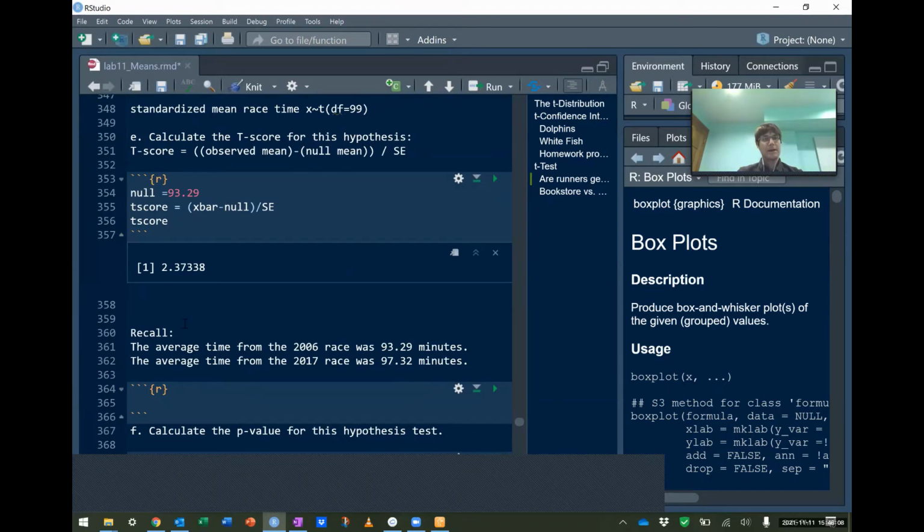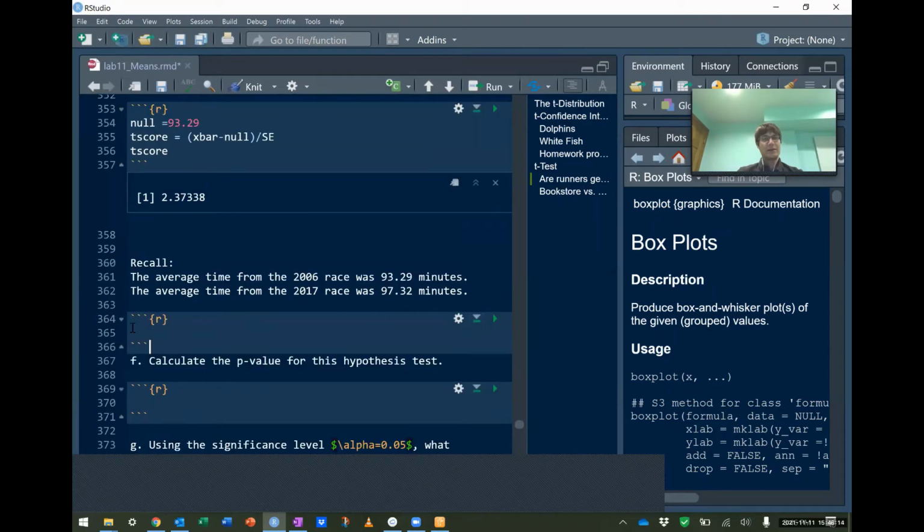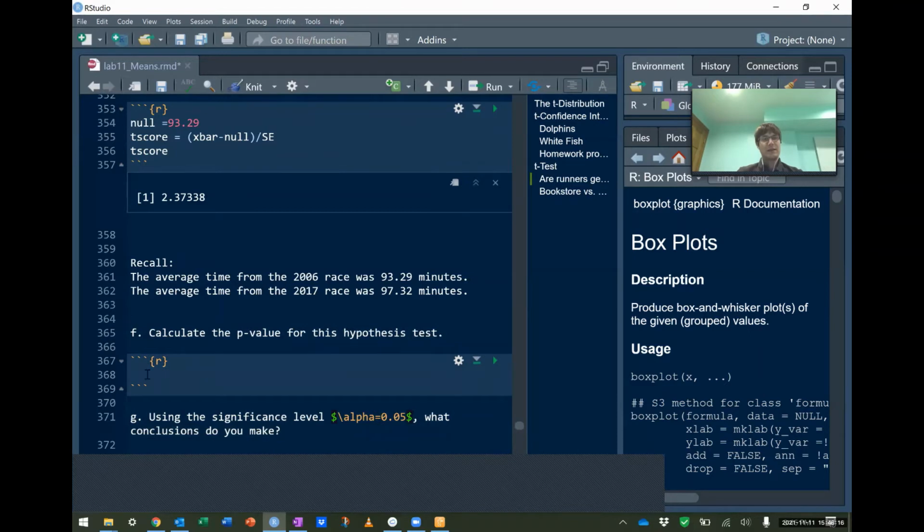All right. And so this is helping us keep track of what we're comparing. And now let's find that p-value. Notice this value is greater than the mean. So we're going to do an upper tail, 1 minus pt of the t-score with degrees of freedom 99, 100 minus 1.